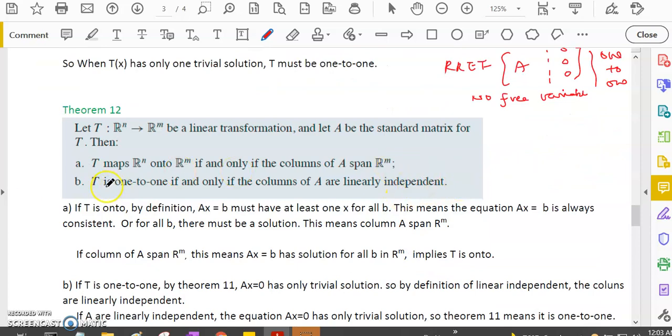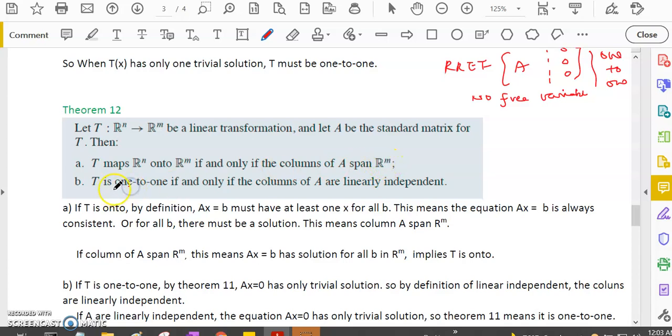How about theorem 12? Theorem 12 says two things. If it's a linear transformation, then onto implies that the columns of A span Rm. You have a lot of columns in A, and the linear combinations of those columns span the whole Rm.